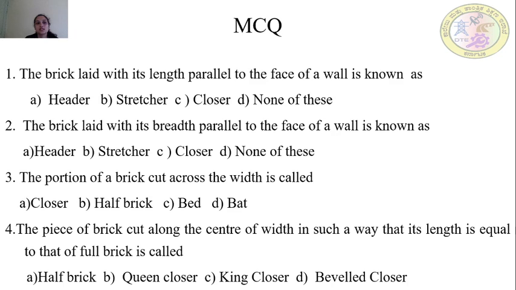The brick laid with its length parallel to the face of a wall is known as stretcher, and the brick that is laid with its breadth parallel to the face of the wall is known as the header.